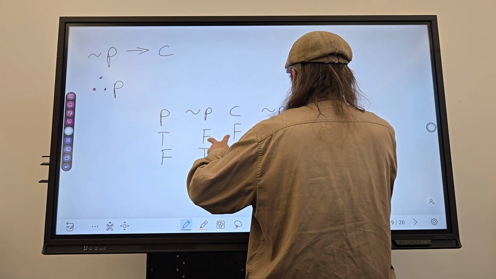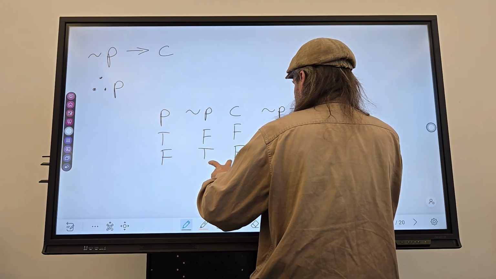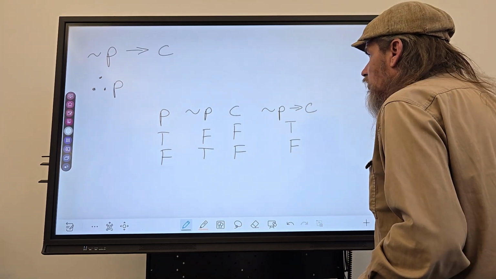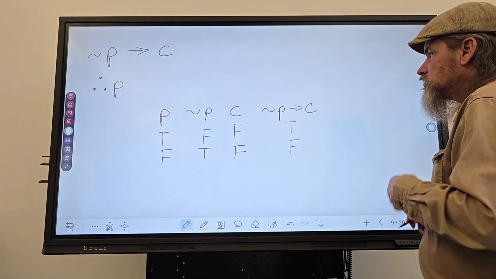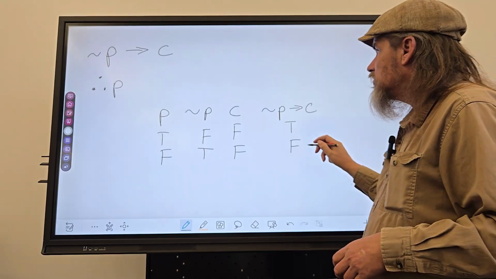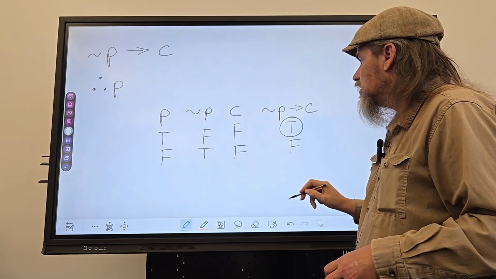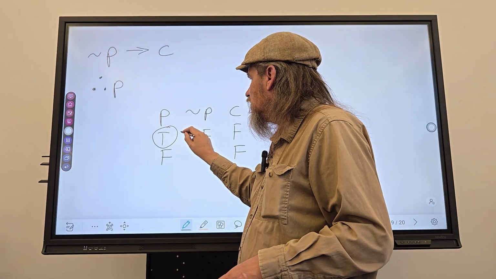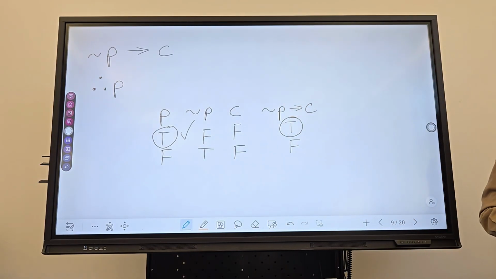That's true by default. And that's false. So if you look at the premise, this is the only critical row, and in it, the conclusion is also true. Therefore, it is a valid form of argument.